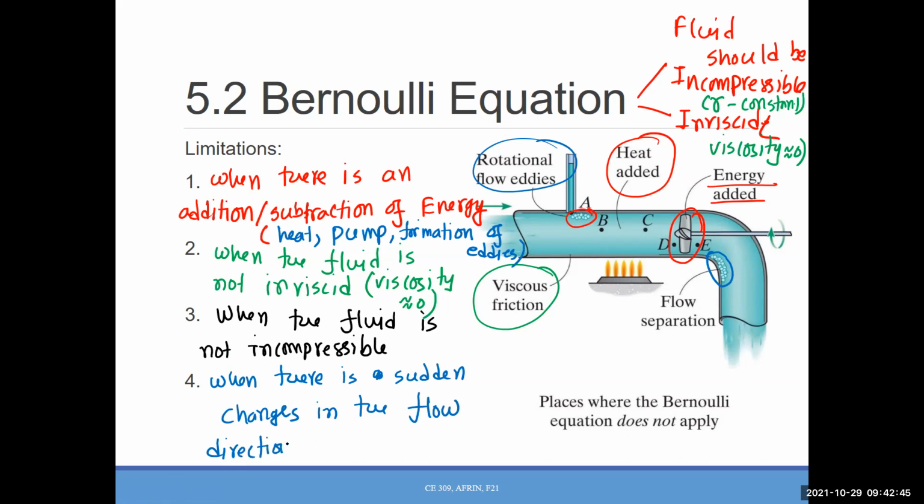I find this picture useful, even if you can't remember all the reasons. Whenever you look at this picture, you will know the different reasons, right? So those are the limitations of Bernoulli's equation. Whenever you have this type of scenario, you can't use Bernoulli's equation.